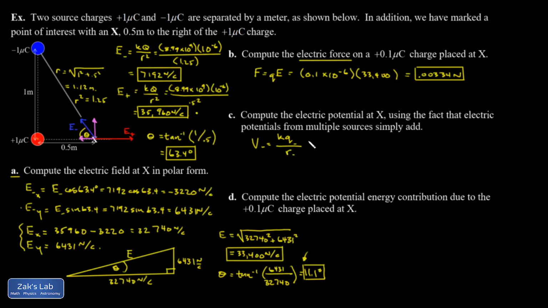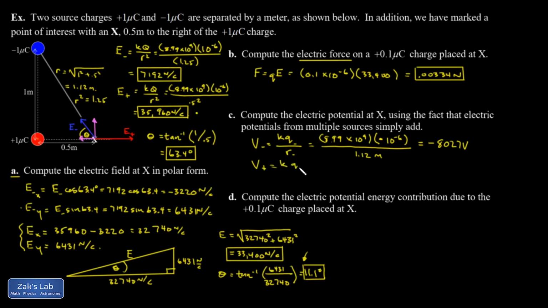All right, electric potential is just KQ over R. So I have 8.99 times 10 to the 9 for the Coulomb's law constant, and then my negative charge was 10 to the negative 6th coulombs, and then my distance to the point of interest was 1.12 meters. And I get a negative potential contribution from that negative charge, and that's negative 8,027 volts.